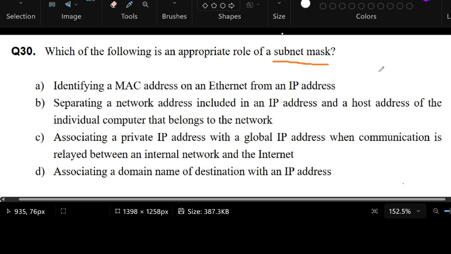Subnet mask is something related to networking, and so if you've never done anything where you need to put together a set of computers and join them in a network, then this might not be so easy a question for you.